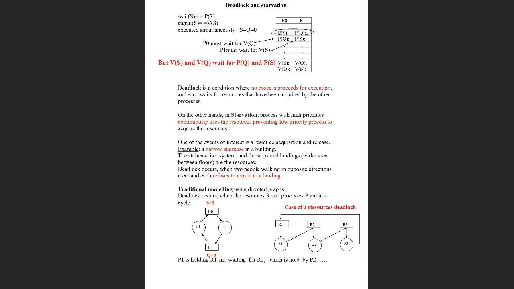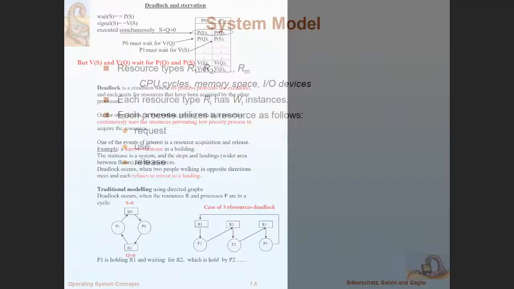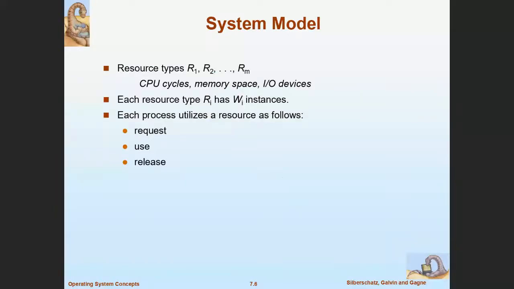Graphically, you may see in the bottom left picture that we have two processes, P0 and P1, and two resources, and they are assigned and require their resources and vice versa. On the right hand side, you have the case of three resources, but in more detail, let's continue.